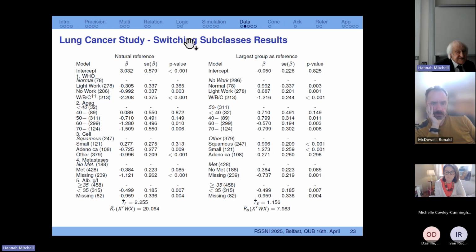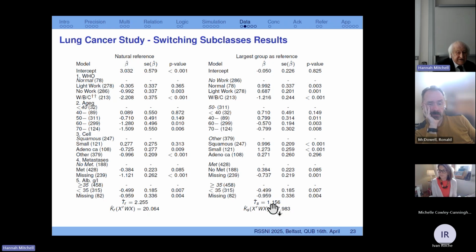Now, let's switch the subclasses according to our estimation rule that we should use the maximum numbers. The subclasses as reference subclasses, those subclasses that have maximum numbers. So we switch to no work, that's the most. We switch to 311, age 50 plus, that's the most, and so on, all the way down.